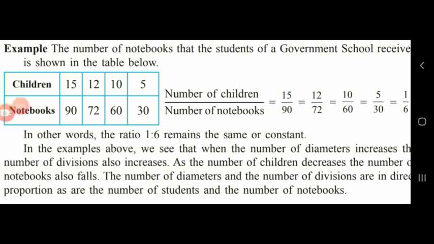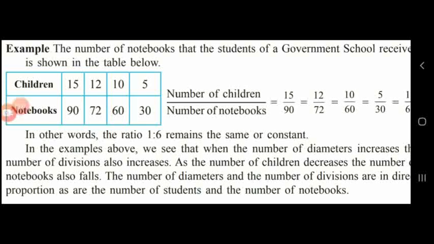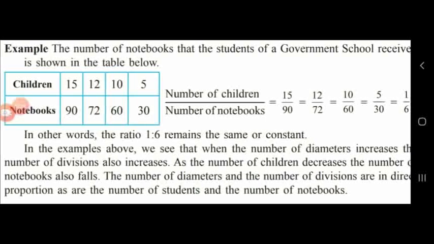Such a type of proportion is called direct proportion. In the example above, we see that when the number of children decreases, the number of notebooks also falls. Again, one more example we will see for this.